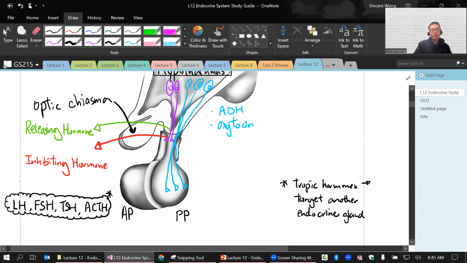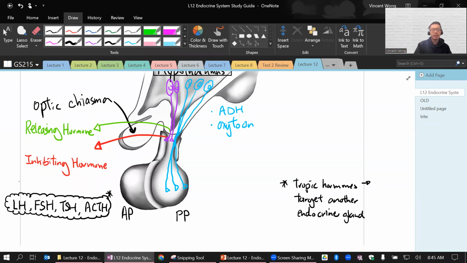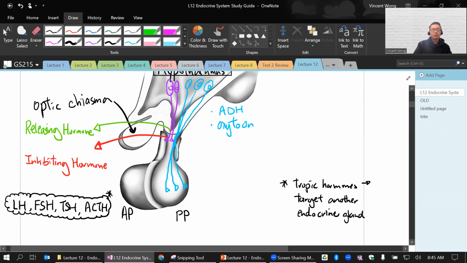So LH and FSH target the ovaries in females and testes in males. That's an endocrine gland. TSH targets the thyroid gland. That's another endocrine gland. ACTH targets the adrenal cortex. Right? So because they target another endocrine gland, we call them tropic hormones.